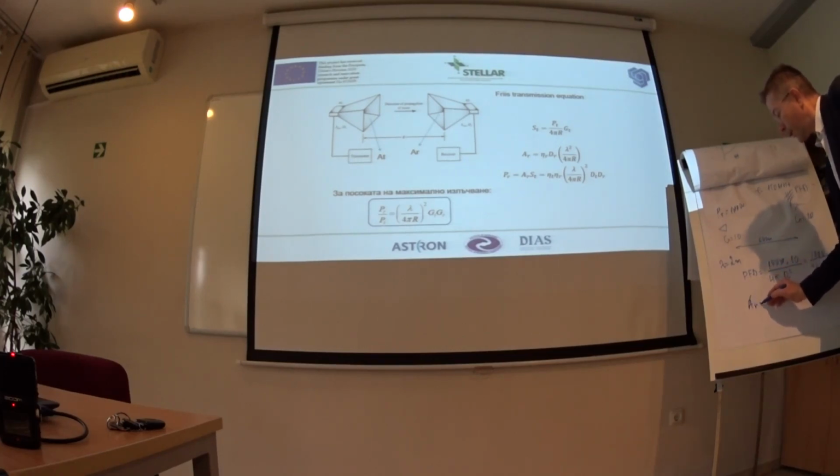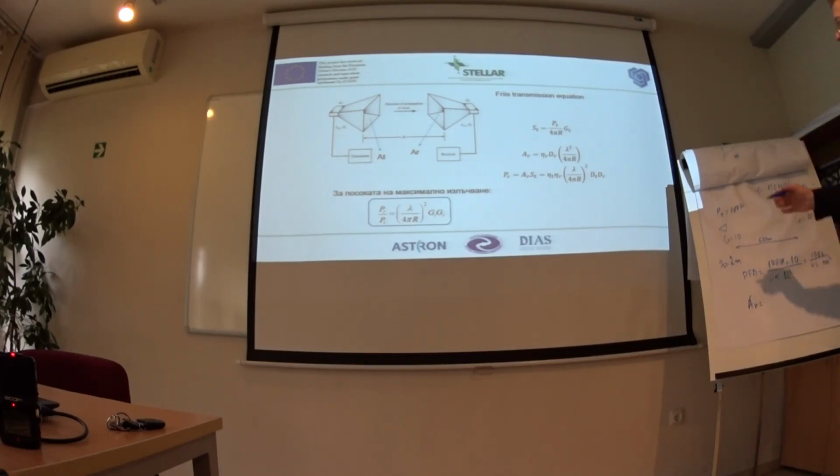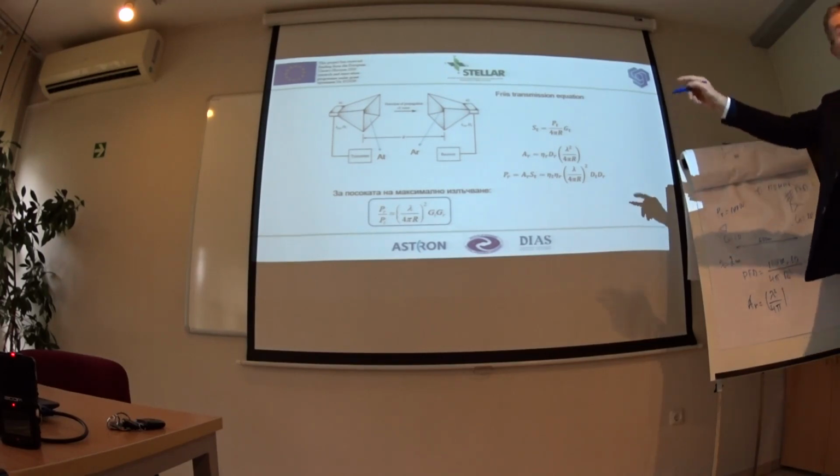A effective received is lambda squared over 4 pi times the gain of the receive antenna.